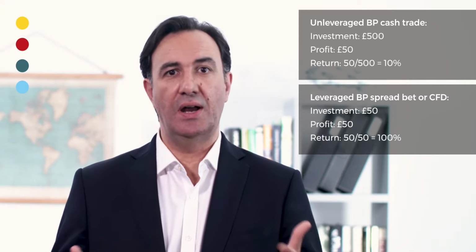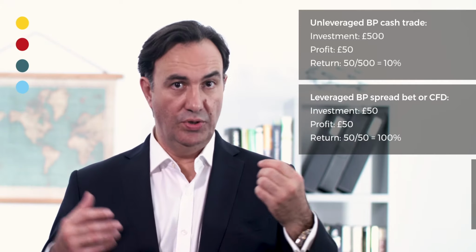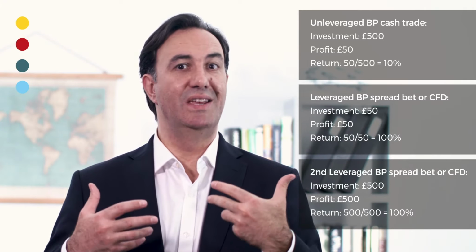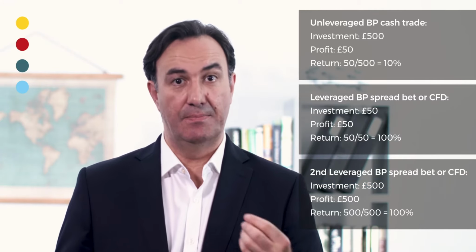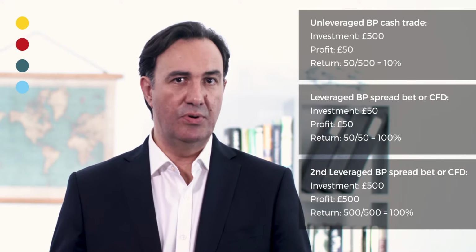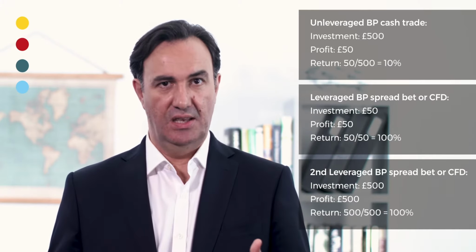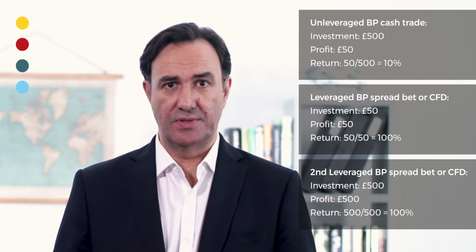Then we had £450 uninvested. If you wanted to maximize your exposure to BP, then you could, in theory, use all £500 as the margin and increase the number of equivalent shares purchased to 1,000. This gives you a total exposure of £5,000.